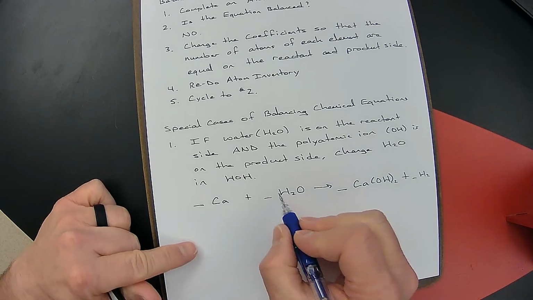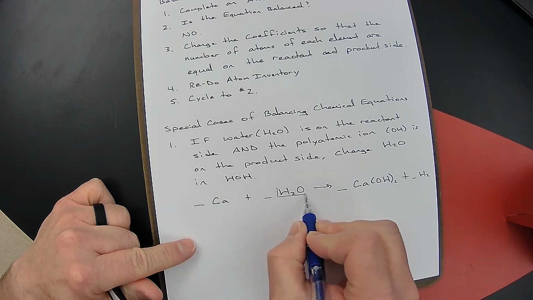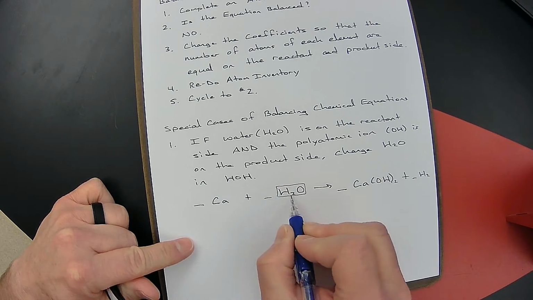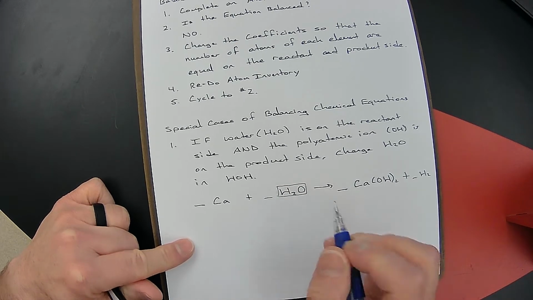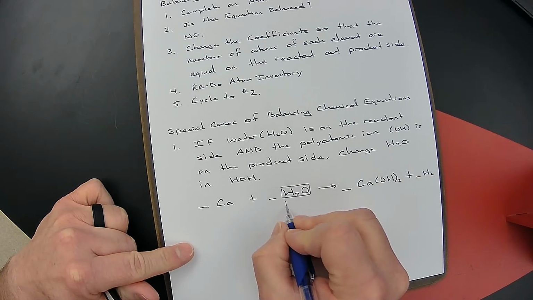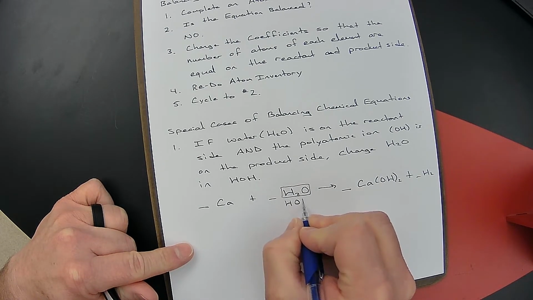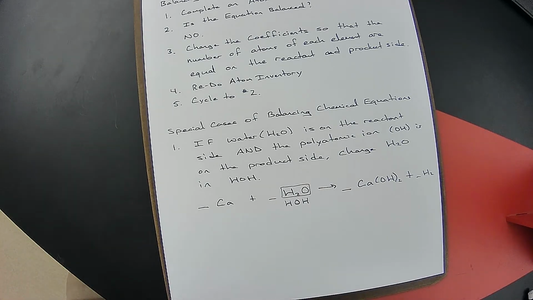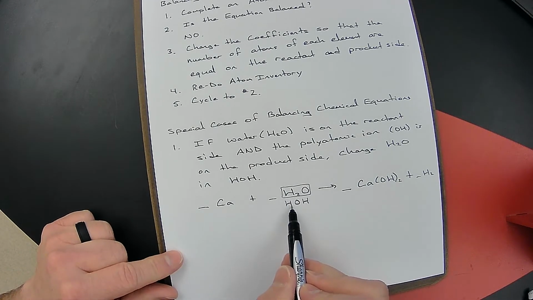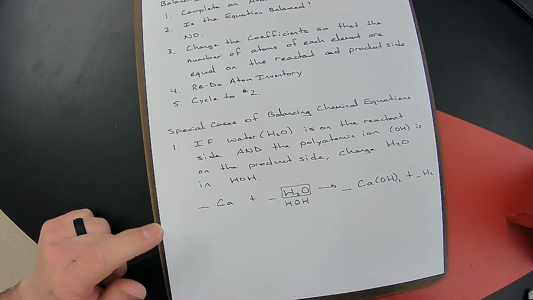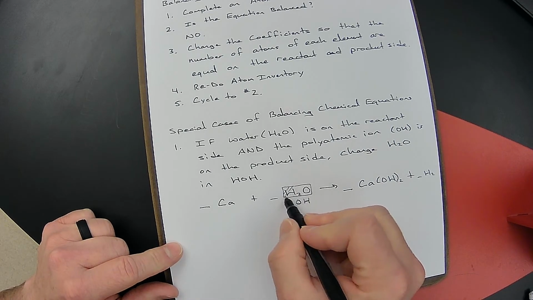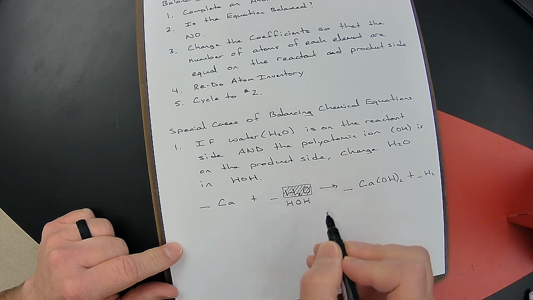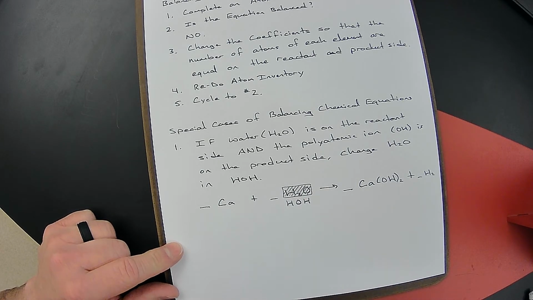So the hint is we're going to change this whole thing, H2O, which is 2 H's and 1 O, and rewrite it as HOH. HOH is still 2 H's and 1 O, it's just written differently.